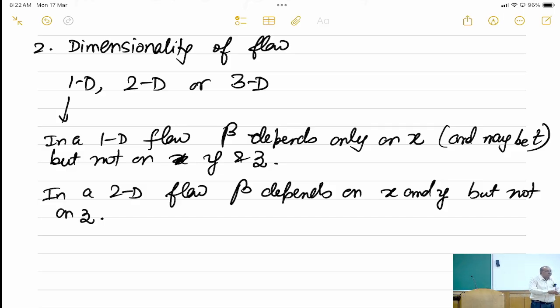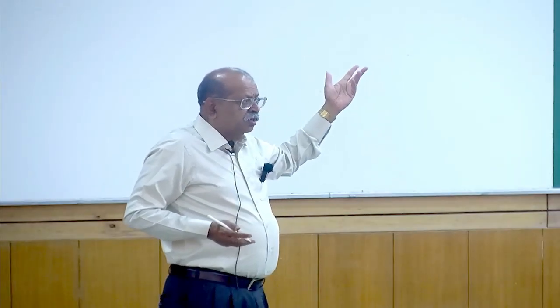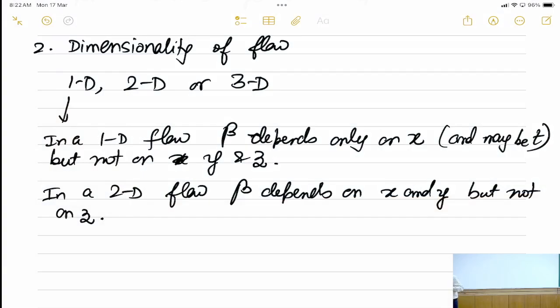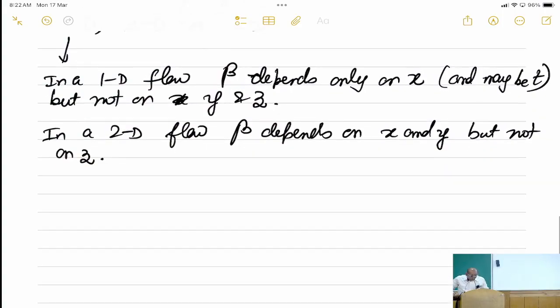It could even depend, maybe there's a case where it depends on x and z, but not on y. That will still be called two-dimensional. So dimensionality also depends on the coordinate system chosen. So that is how we define 1D, 2D or 3D. So again, these are just some nomenclatures.